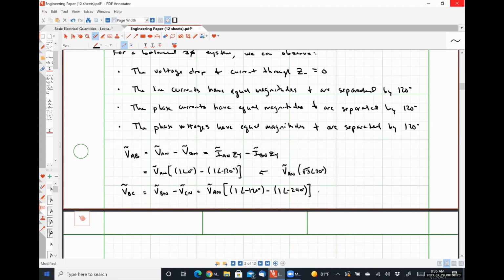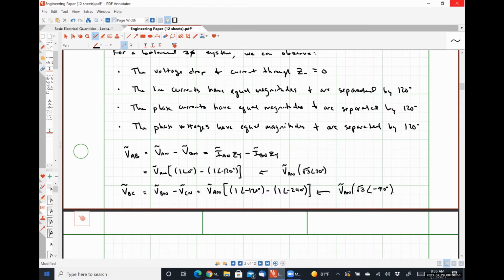All right. What happens when I have 1 angle negative 120 minus 1 angle negative 240? Right. So there's still exactly 120 degrees of phase separation between the two.